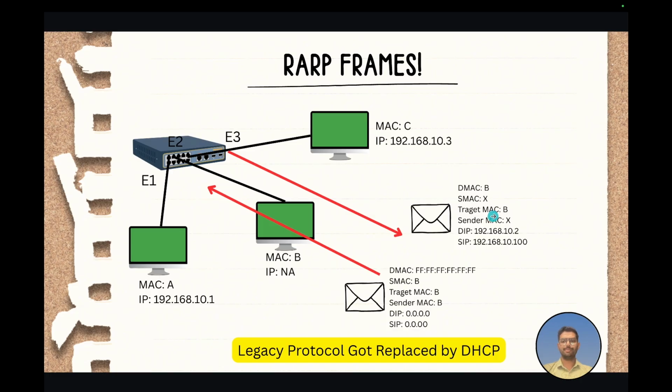Target MAC address is B, sender MAC is X, and the destination IP is like 10.2 and the source IP is like 10.100. So this is the machine that will have the RARP service, which will process these RARP request packets, and this is how it will get the IP address. So that's how typical RARP packets look.